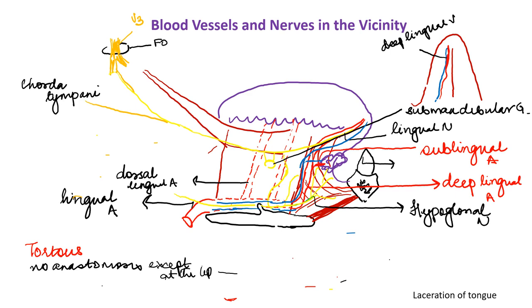They further meet the tributaries which are running with the dorsal lingual artery, which run with the lingual artery per se, and all these tributaries join together to form the lingual vein.